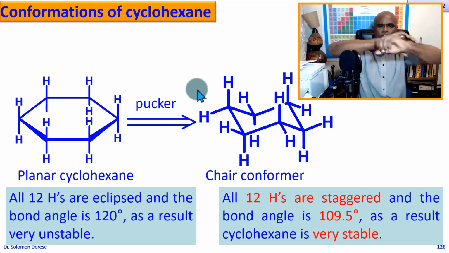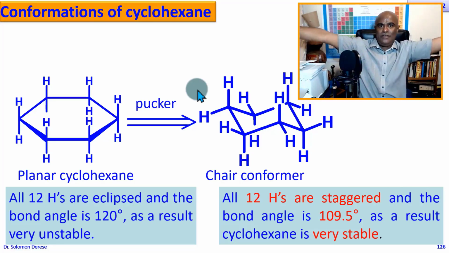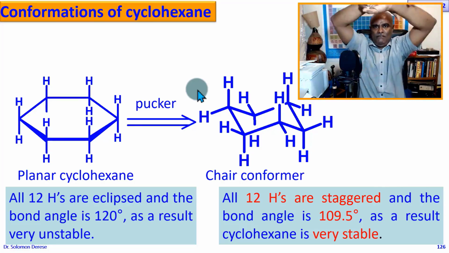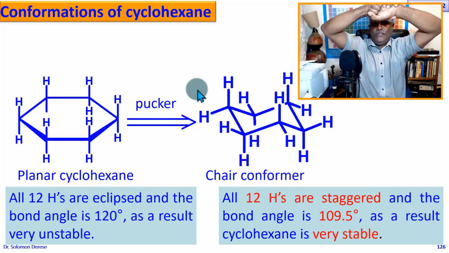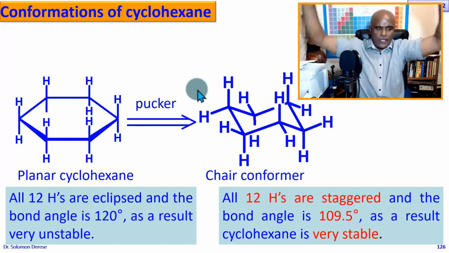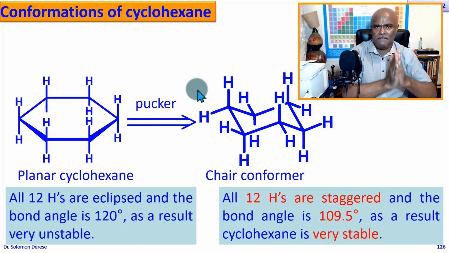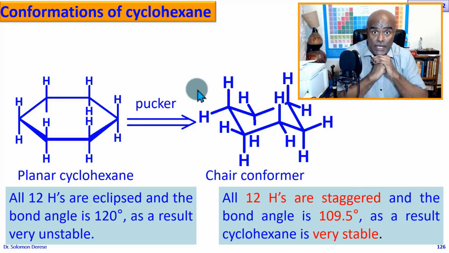Formation of a ring, cyclizing like this, can be constraining, making the situation very unstable. We prefer to be relaxed like this. When something cyclizes like this, it becomes constrained and unstable. But by forming a ring like this, cyclohexane did not suffer from any kind of strain. It is a very stable cycloalkane, as stable as the open chain.